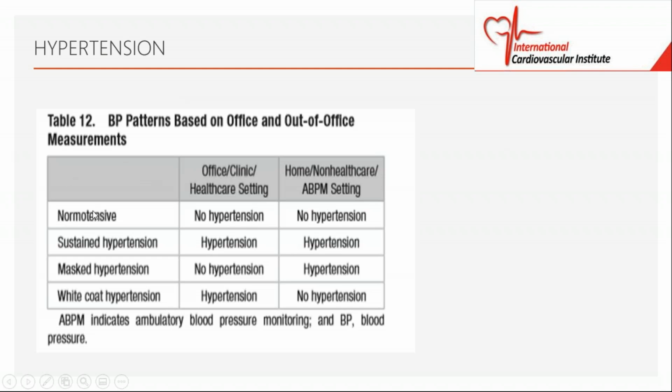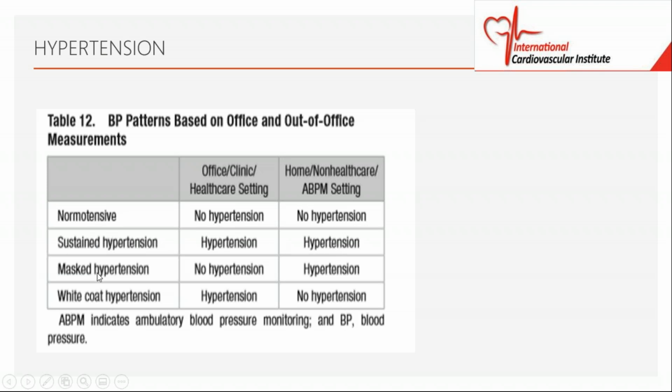So, a little chart. A normotensive individual is going to have normal office blood pressure, and then out of office, which could be home blood pressure or ambulatory, no hypertension. Then the sustained, they're going to have office and out of office hypertension.